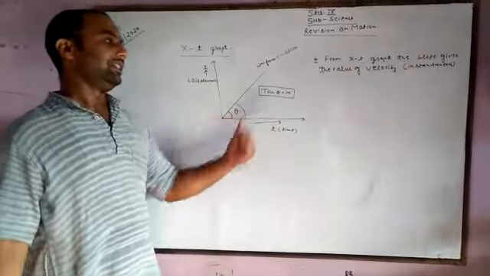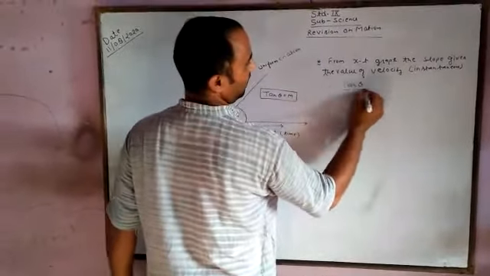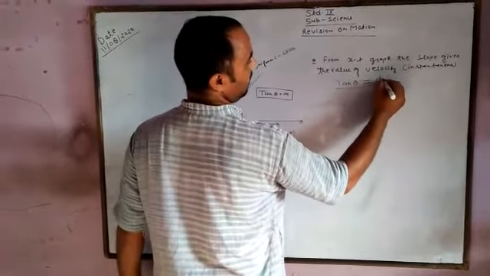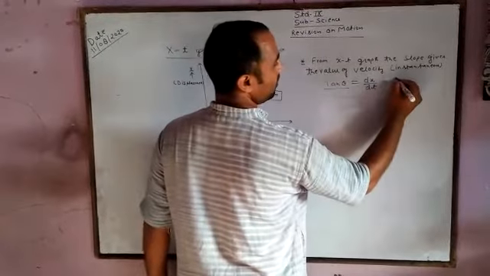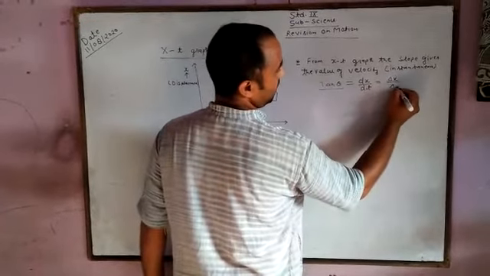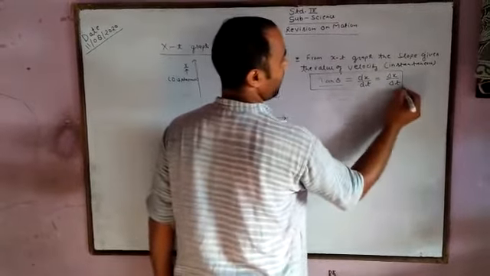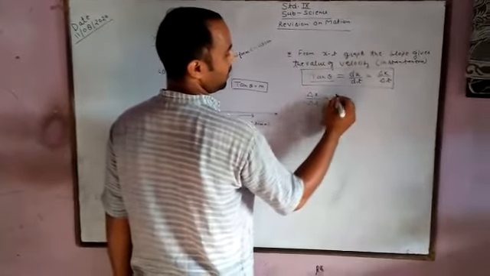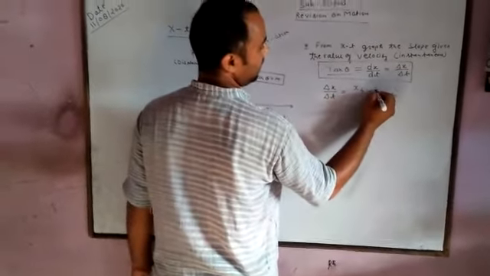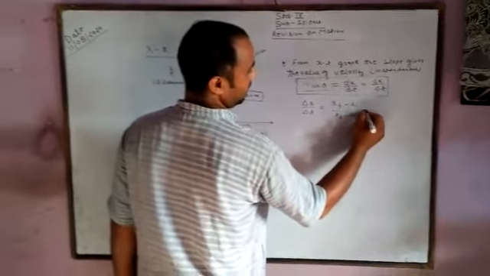It means tan theta is equal to dx/dt, and this is also equal to delta x over delta t. It means delta x upon delta t is equal to x final minus x initial over t final minus t initial.